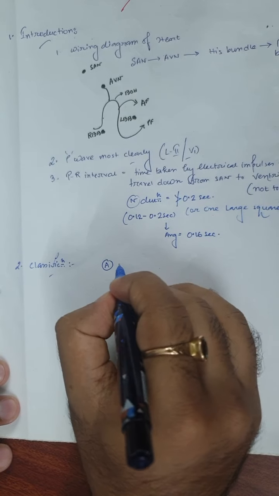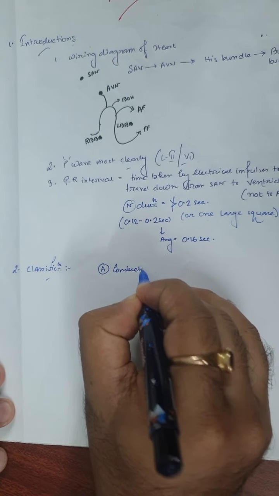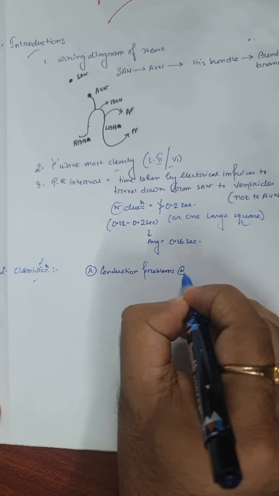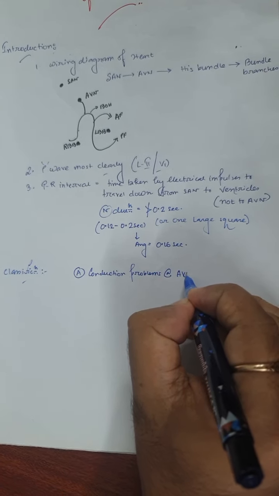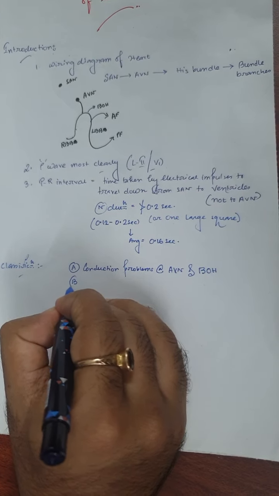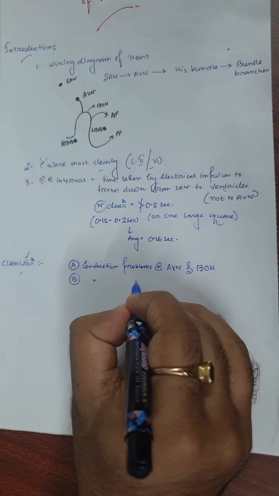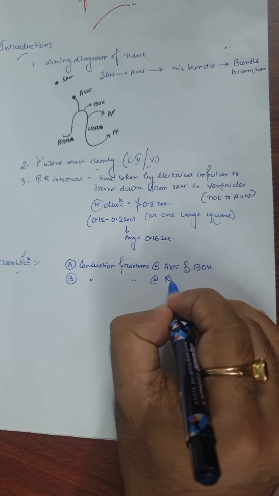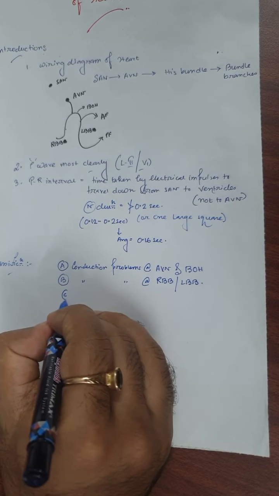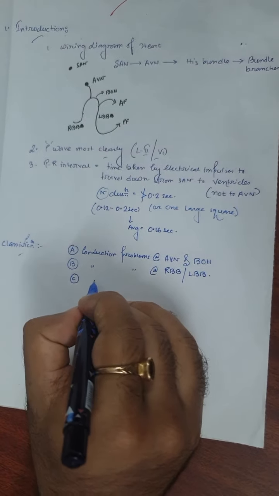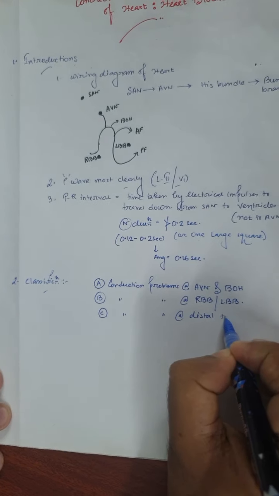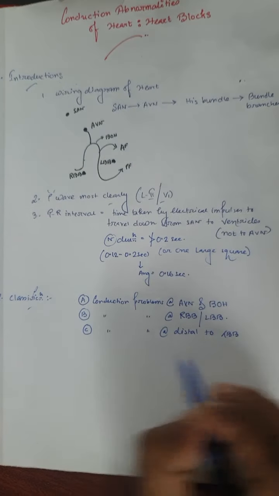Number 1, the conduction problem occurring at the AV node and bundle of His. Number 2, the conduction problem occurring at the right bundle branch or left bundle branch. Number 3, the conduction problem occurring distal to the left bundle branch.